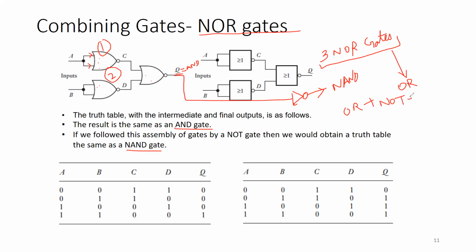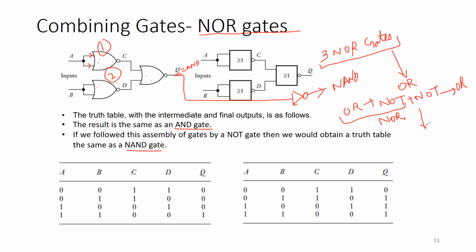If you put another NOT in front of this NOR gate, you will get the output again as an OR gate. So you see, NOR gate से आपको OR gate तो मिलेगा ही, NAND and AND gate भी मिल गया.